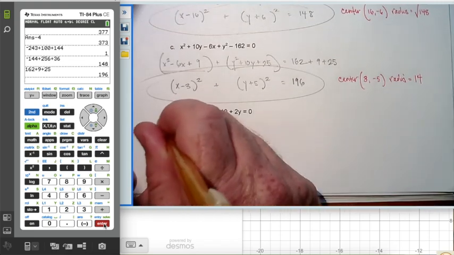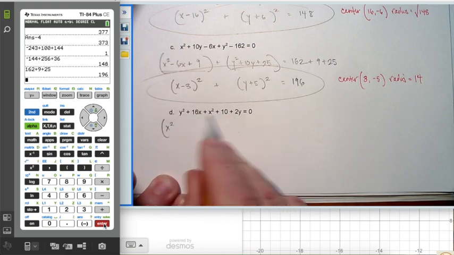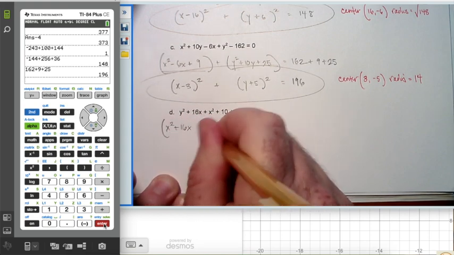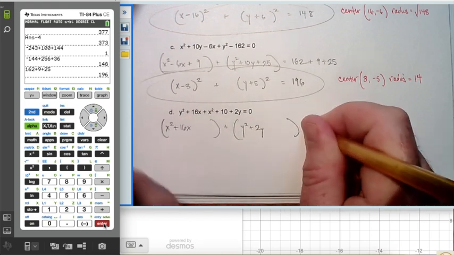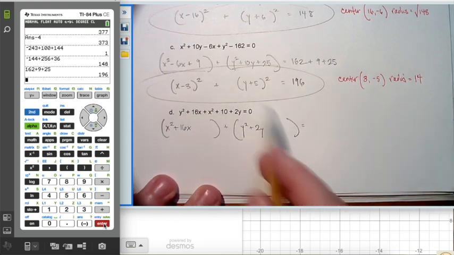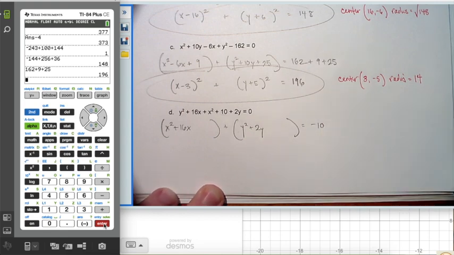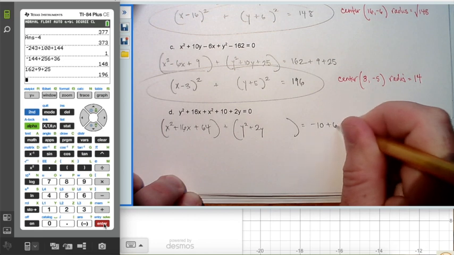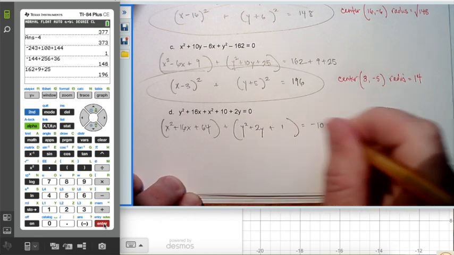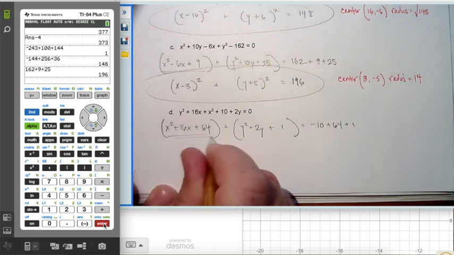Last problem in the review. Here we go. Let's group the x terms together. X squared plus 16x plus something. The y terms are going to group together. And I'm going to kick that constant of 10 to the other side, call it negative 10, and go to complete the square. Half of 16 is 8, squared is 64. Half of 2 is 1, squared is still 1.